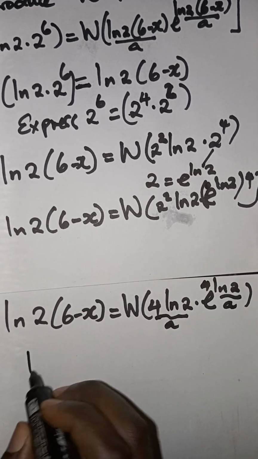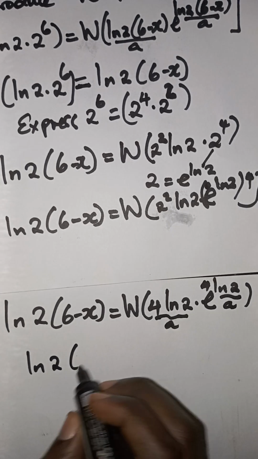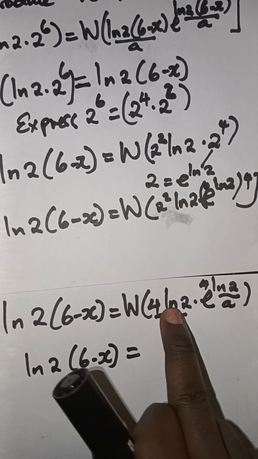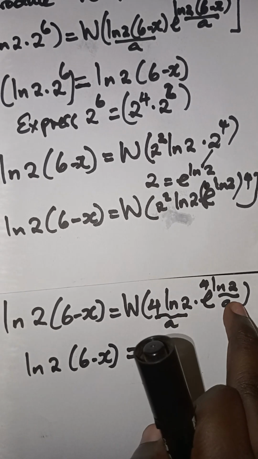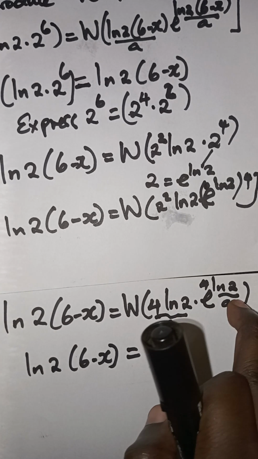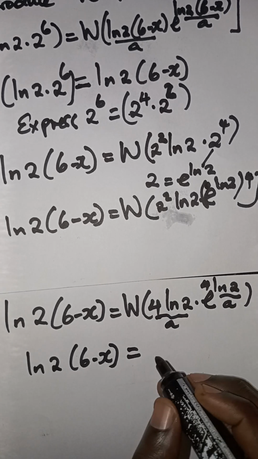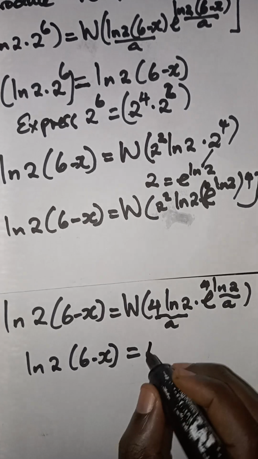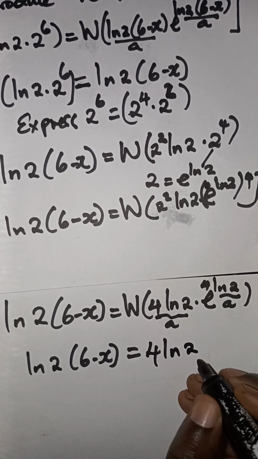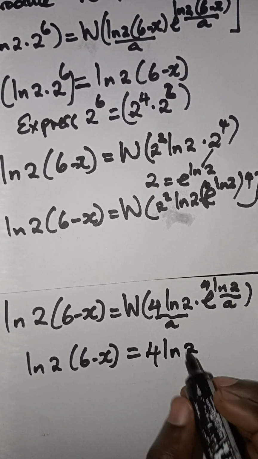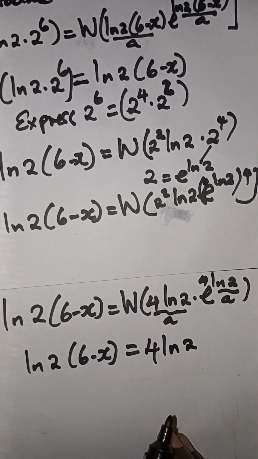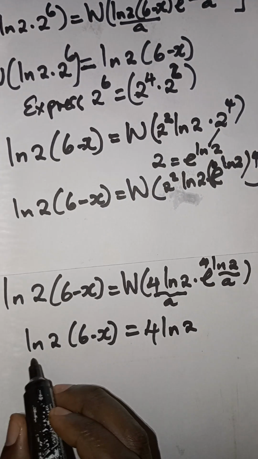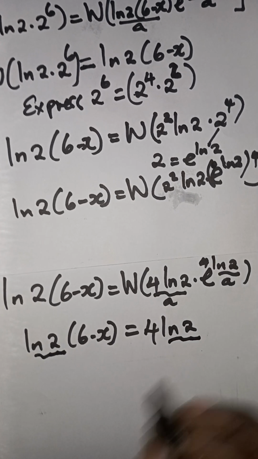Working out very fast, I'm going to get natural log of 2 in bracket 6 minus x should be equal to, when I take the W of a times the exponential of a, the answer just remains as a. So meaning that on my right hand side, I'm going to get 4 to the natural log of 2. And you're able to see clearly. To simplify it further, I realize that I have the natural log of 2 and the natural log of 2.